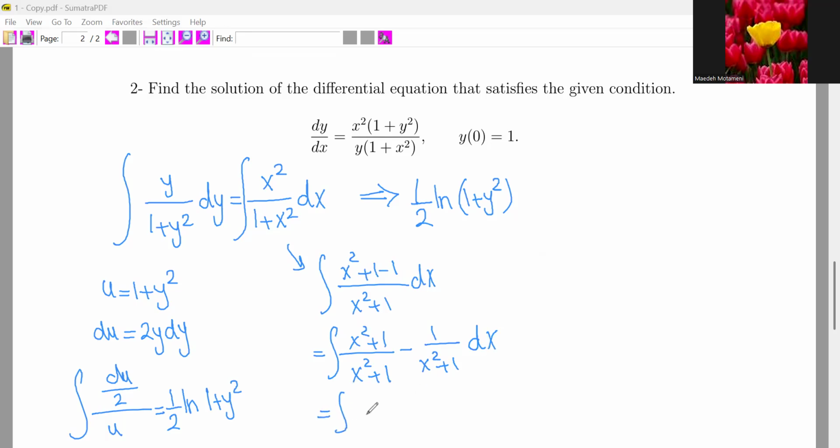It means the integral of 1 dx minus the integral of 1 over x squared plus 1 dx. We know that the integral of 1 is just x, and the integral of 1 over 1 plus x squared is tan inverse of x plus c. And that would be the right side.